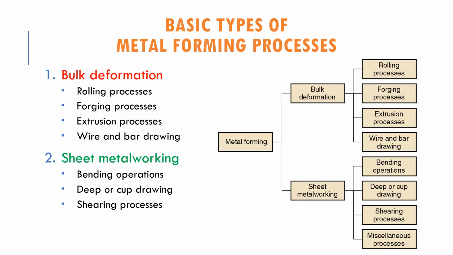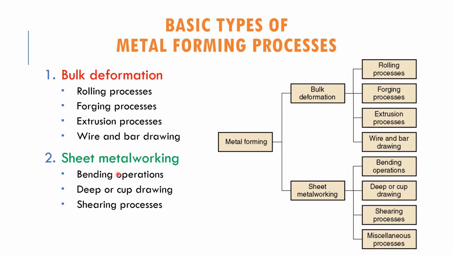So the basic types of metal forming processes are classified into two big categories. There are bulk deformation processes and sheet metal working. Under bulk deformation processes, we have several processes like rolling, forging, extrusion, and wire and bar drawing.